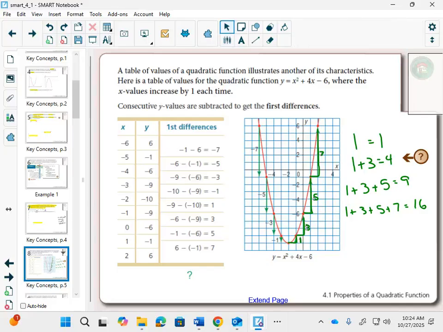So this is going to be if the leading coefficient in front of the x squared here is a 1. You can use this strategy to get the points quickly. Over 1, up 1, over 1, up 3, over 1, up 5. If the leading coefficient is a 2, those will get doubled. It'll be over 1, up 2, over 1, up 6, over 1, up 10, over 1, up 14. If the leading number is a 3, those numbers would get tripled. Over 1, up 3, over 1, up 9, over 1, up 15.